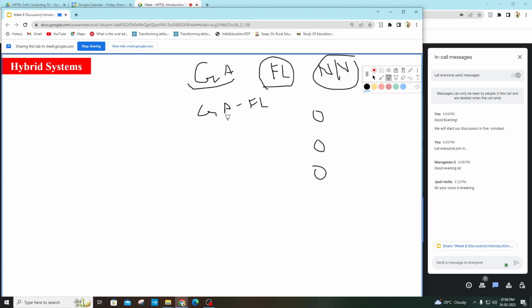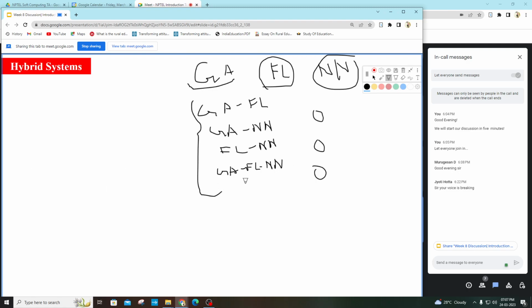GAFL, then GANN, then FLNN, and then GAFLNN. These are the combinations. This is known as a hybrid system.